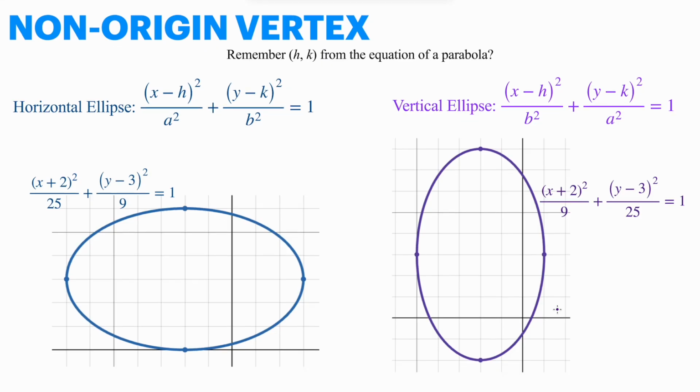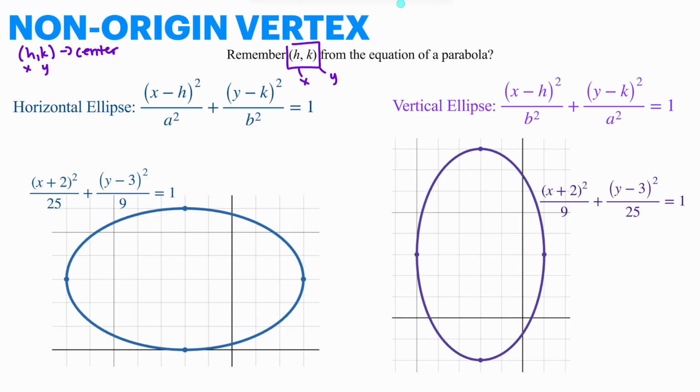And here are the equations. H, K, if you remember that from the equation of a parabola, the H represents your x and the K represents your y value of the center. H, K represents the center, your x value and your y value of the center.